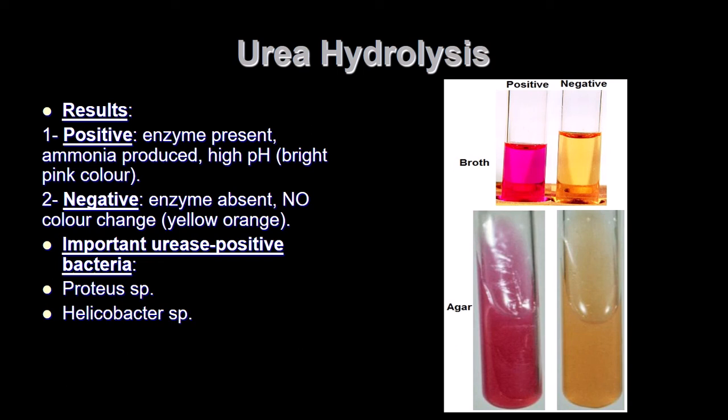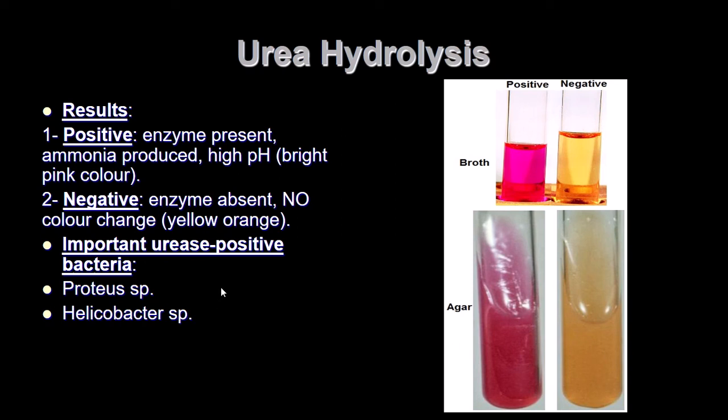We call it Christensen's urea media, and usually when the urease is produced, it changes the pH into a higher pH, so it becomes alkaline and the color changes to deep red. So deep red in color means urea is hydrolyzed, or urease enzyme is present. No change of color means that no urease is present.